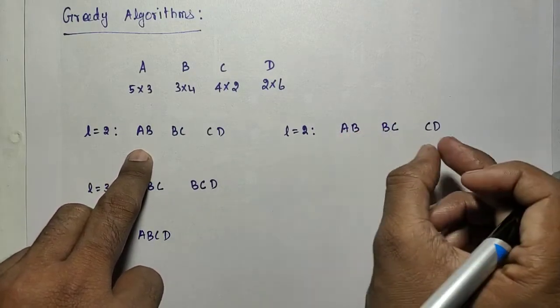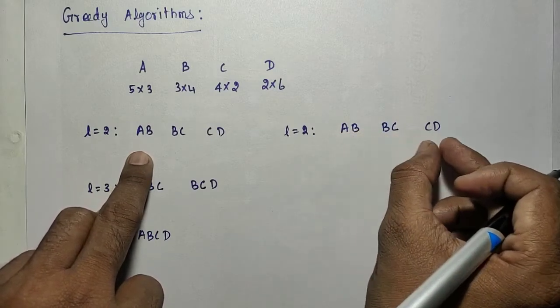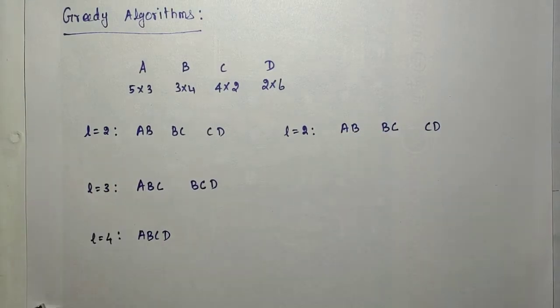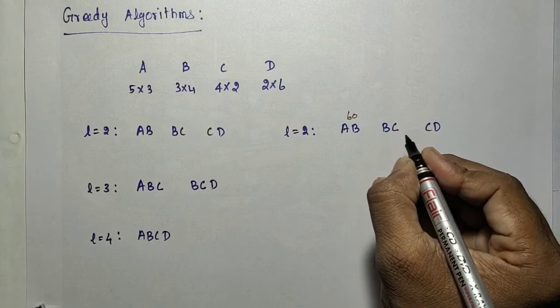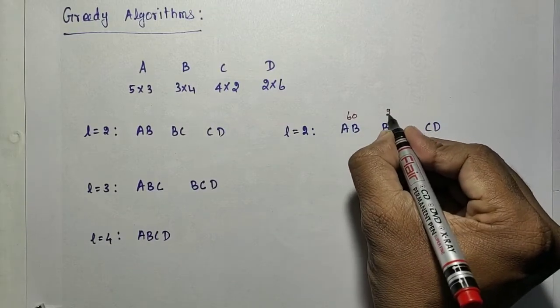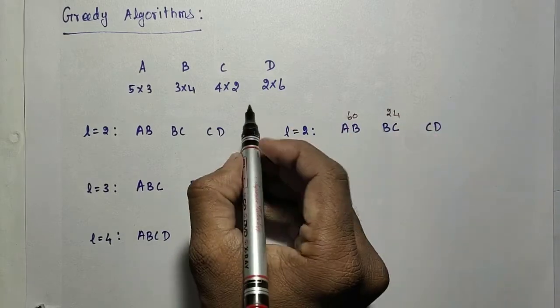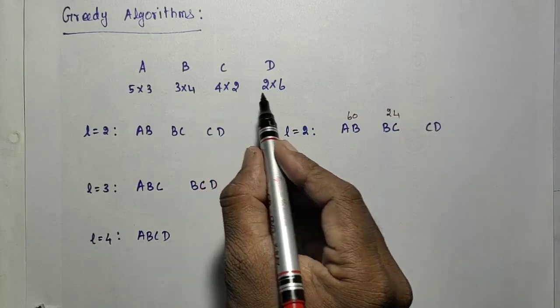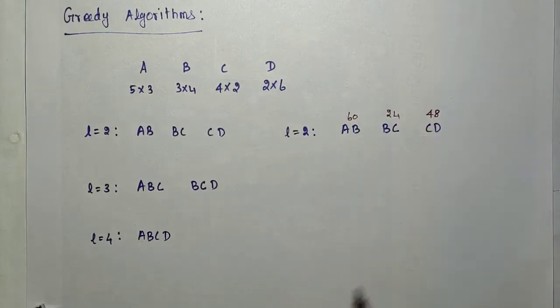It will find the minimum multiplications needed for A into B, B into C and C into D. For A into B, the number of multiplications is 60. For B into C, it is 24. And for C into D, the number of multiplications is 48. Like that you determine the number of multiplications needed.